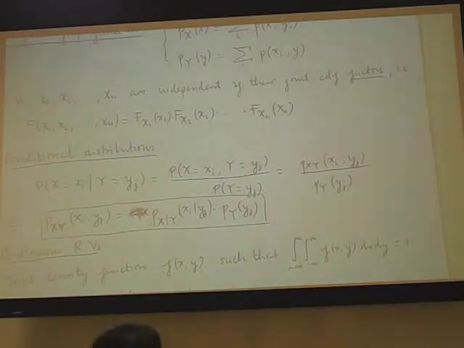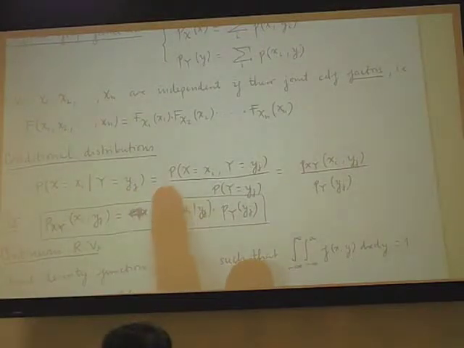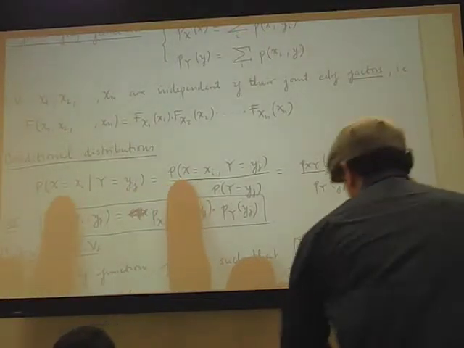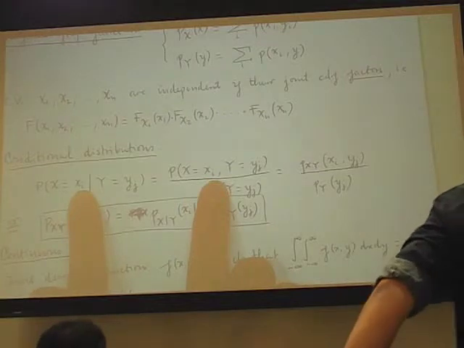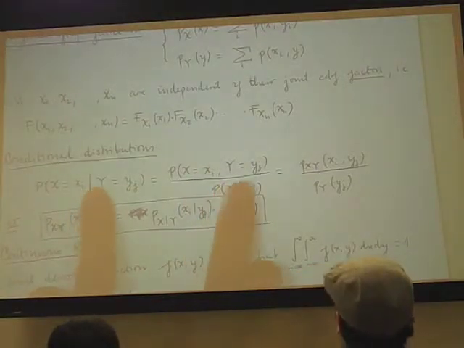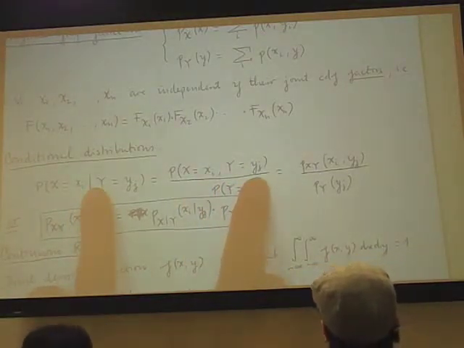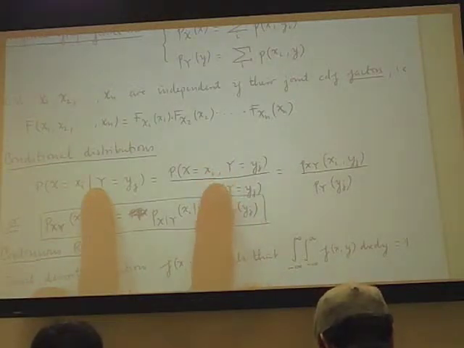Now, we're going to use exactly the same definition for this. Now you have a joint distribution, right? And now you want to compute the probability of the variable x equal to something, given that y is equal to something else, right? Then how do you do? Well, naturally I'm going to define it like probability of x equal to xi intersect with y equal to yj, which I'm just going to write as a comma right here.